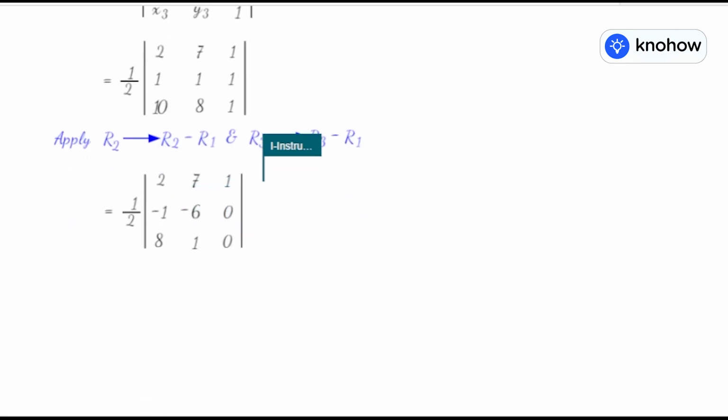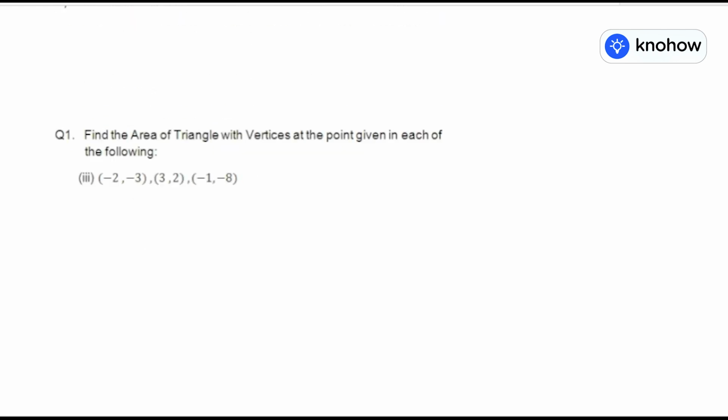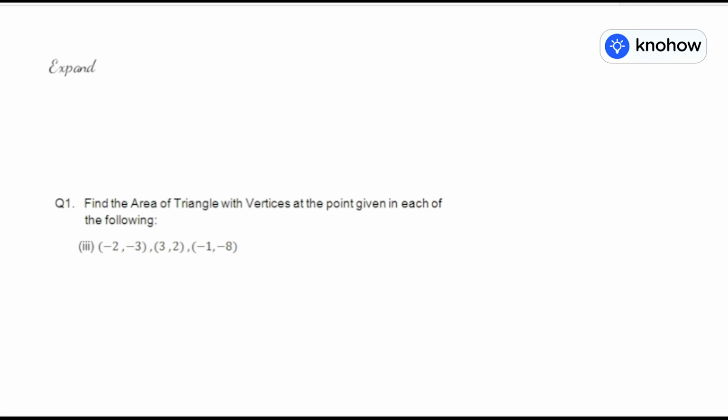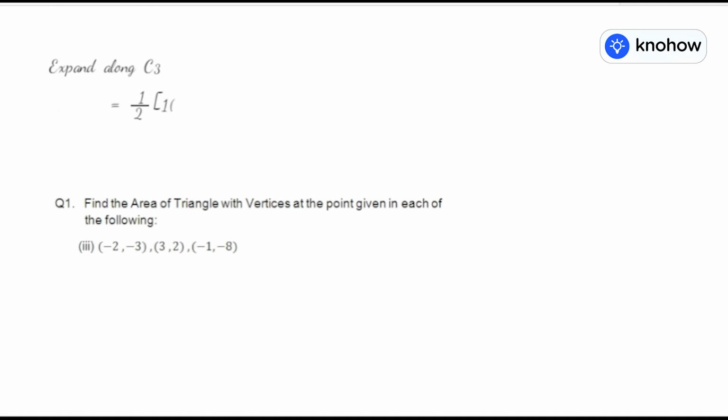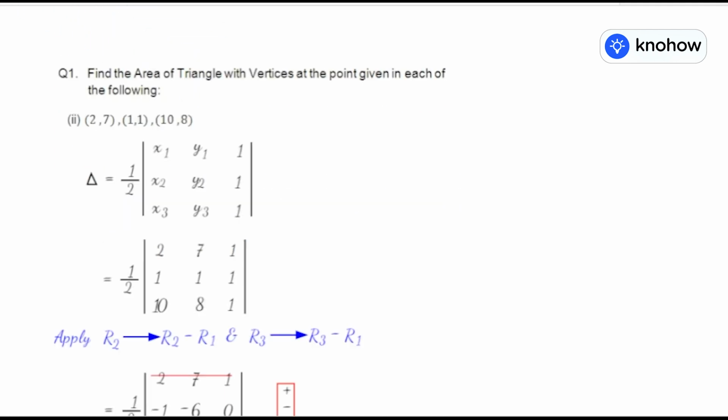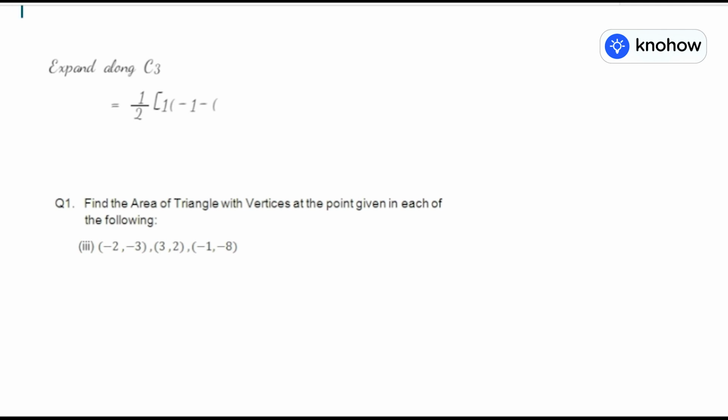Obviously along the third column. So expand along C3. So you get 1 times half outside. You know the sign convention, plus minus plus. So it will be 1 times, delete the row and column through 1, and you get minus 1 minus 48.